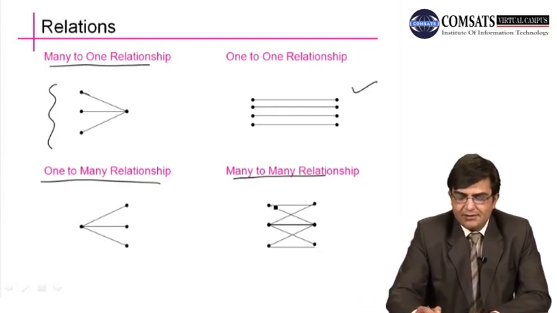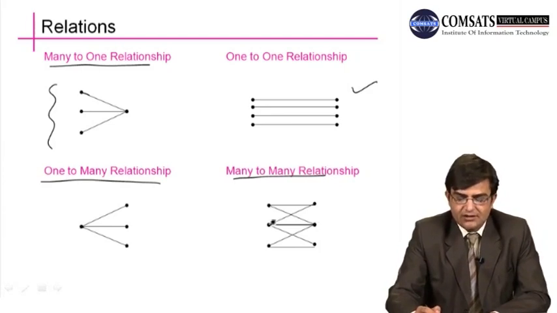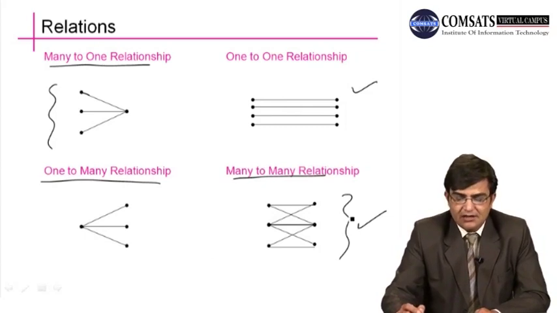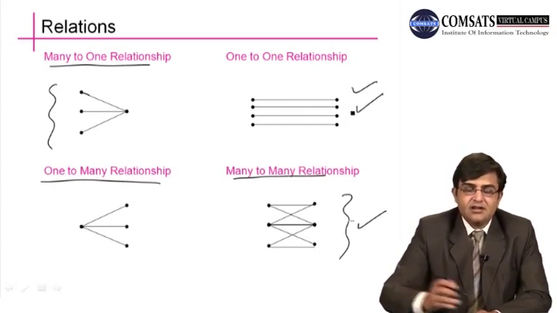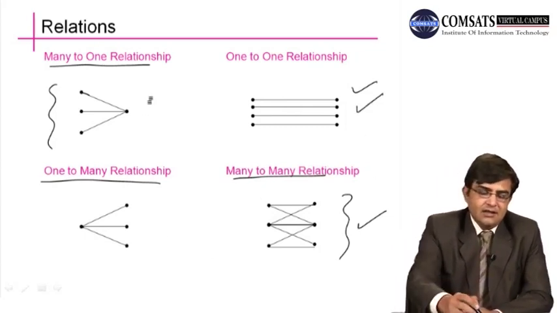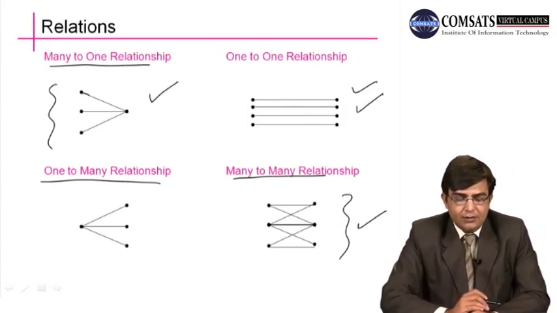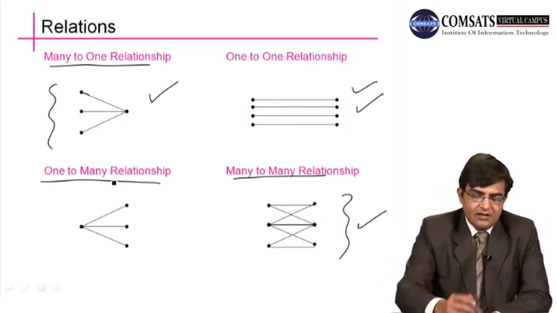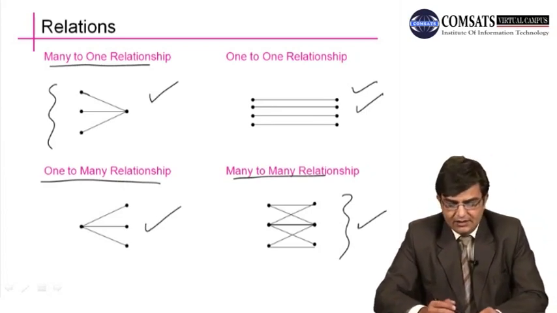Many-to-many relation is where we have connected one element to many elements, and one element is connected to many elements in the first set. So such type of relation is many-to-many relation. Such type is one-to-one relation. This is one-to-many, sorry, many-to-one, and this is one-to-many relation.